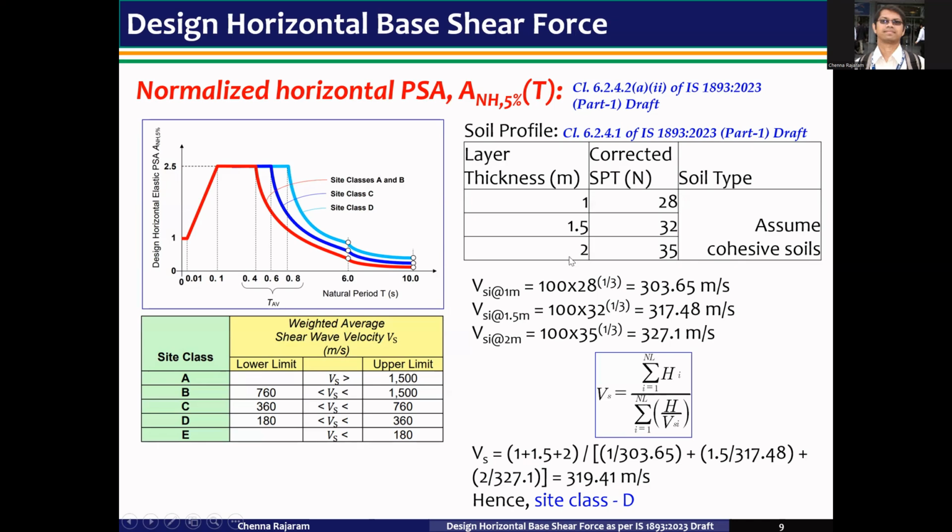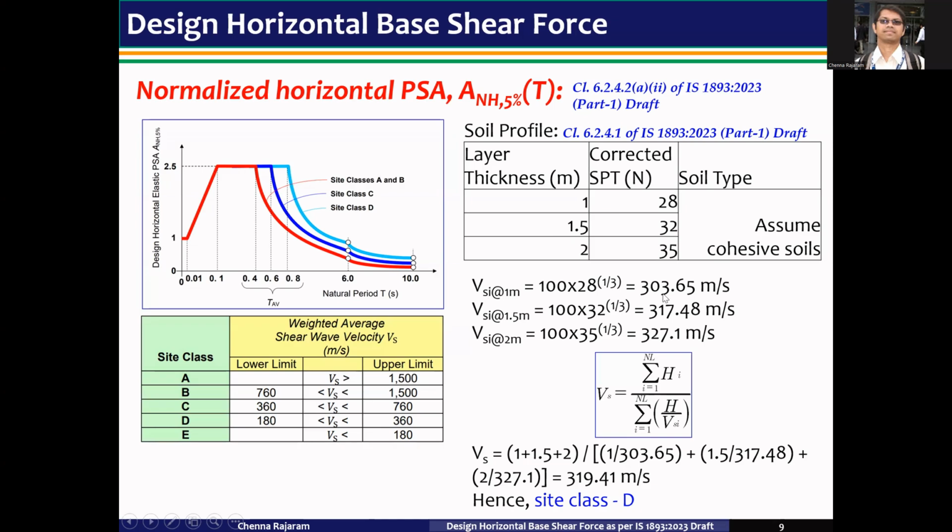So based on the information given in the table, we need to calculate the shear wave velocity at three layers: layer at 1 meter, at 1.5 meters, and at 2 meters. The equation used for cohesive soils is 100 into cube root of corrected SPT value. Whereas for cohesionless soils, the shear wave velocity Vs is equal to 80 into cube root of SPT value.